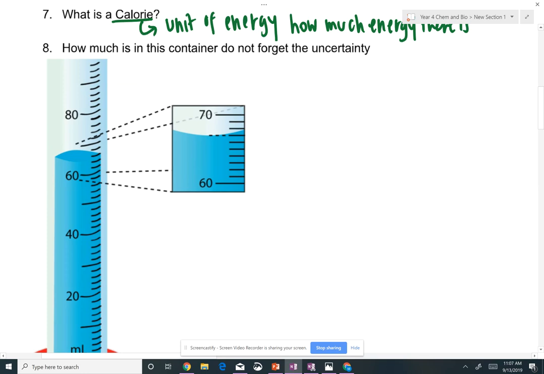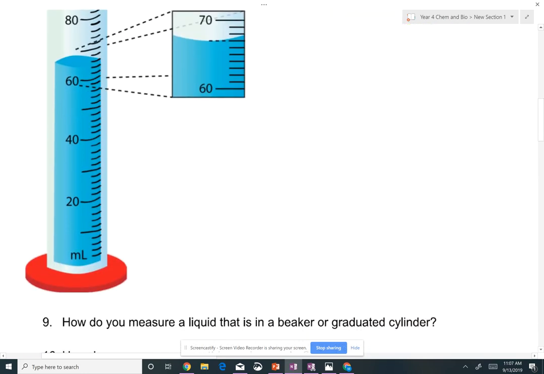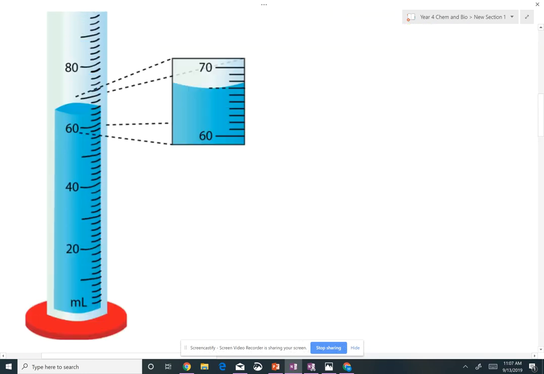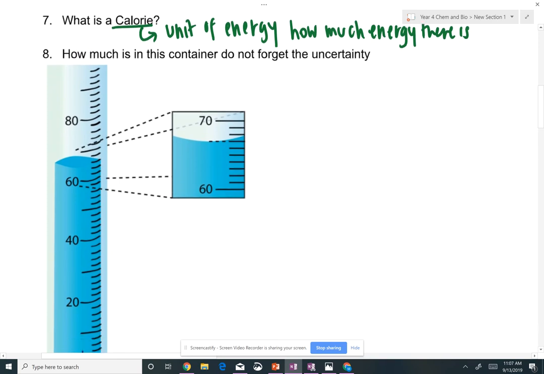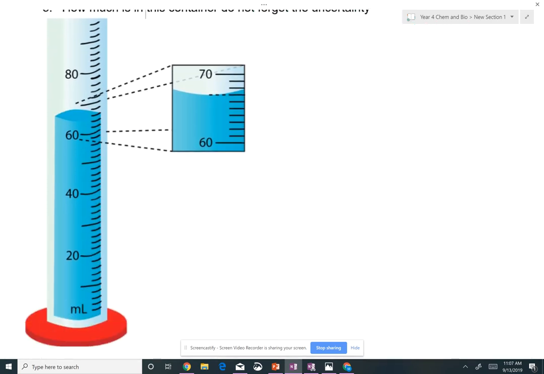So we're going to look at this graduated cylinder and talk about how much is in this container. First and foremost, remember that when you're looking at a graduated cylinder or a beaker, you're looking for the meniscus, and the meniscus is the lowest point in the water. So you always measure the lowest point.